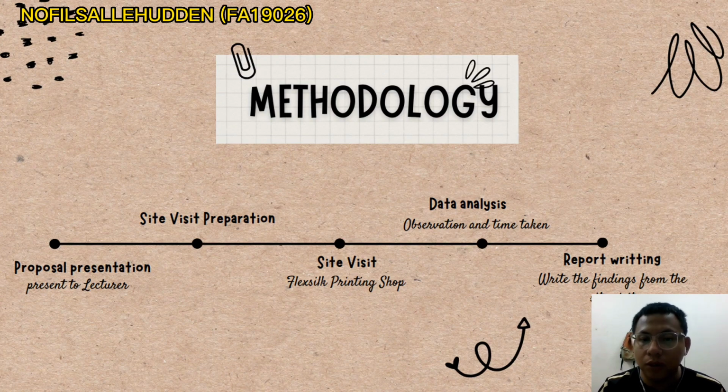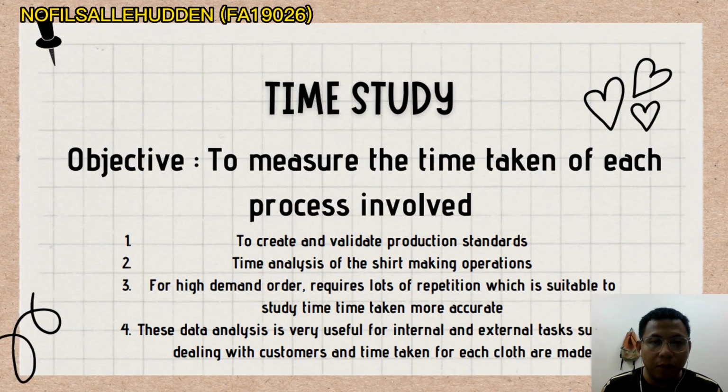We also proceed with data analysis, at which time we do some observation of the processes involved and the time taken for each process to make a shirt. After we have the data analysis, we go for report writing and write our findings in the report.